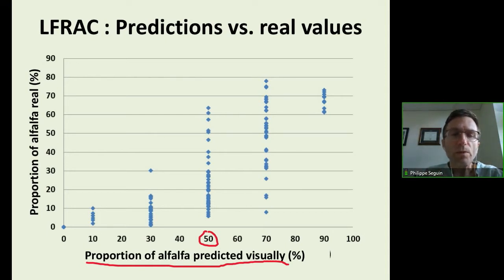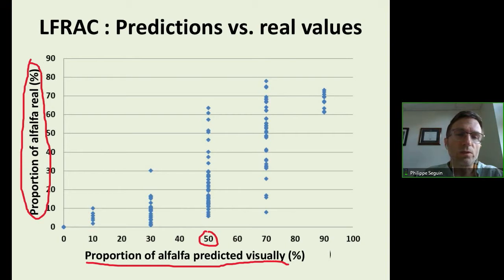On the y-axis, we see the real proportion values. And what we can see is that the real values range between about 65% and 5%. So some people looked at the quadrat and said there's 50% alfalfa in there, and in reality there was only 5%. At the other extreme, they thought it was 50.